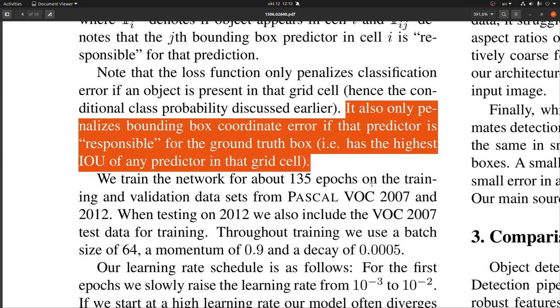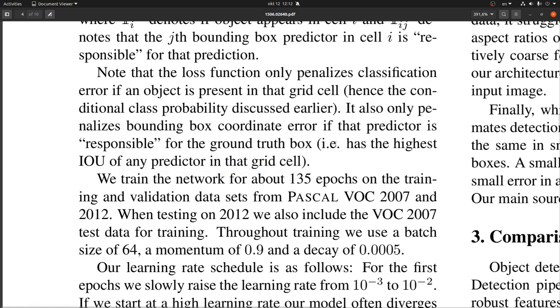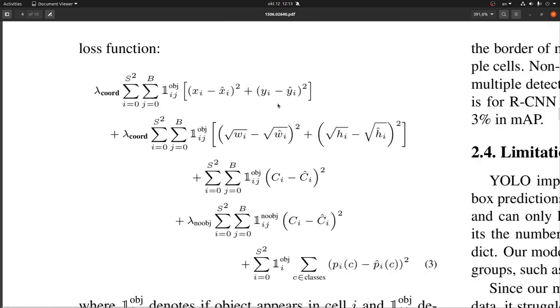So what this means is that we're going to look at a cell and we're going to see which of our predicted bounding boxes, which we have 2 of, has the highest IOU with the target bounding box. The one that has the highest IOU is going to be the one responsible, and that's the one we're going to send in right here.